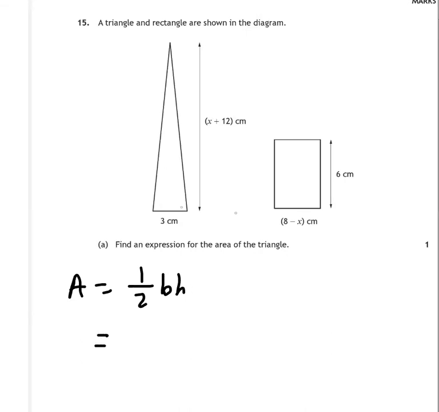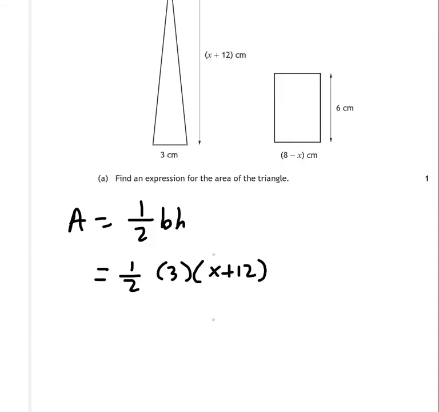For this triangle, the base is 3, and the height is x plus 12, so it would be a half times 3 times x plus 12. And then 1 over 2 times 3, that's just 3 over 1, so you multiply those two fractions, and that would become 3 over 2 times x plus 12.